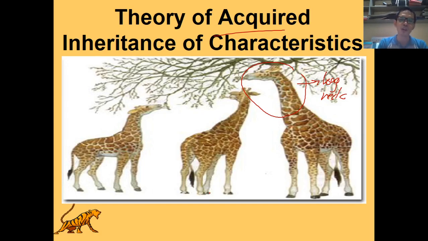So this idea by Lamarck is only a hypothesis, and it was supported by minimal evidence. That is the reason why some critics doubt whether these theories, the use and disuse and the acquired inheritance of characteristics, are supposedly true.